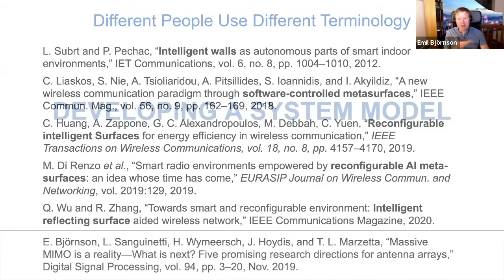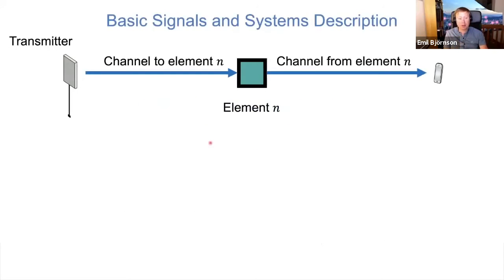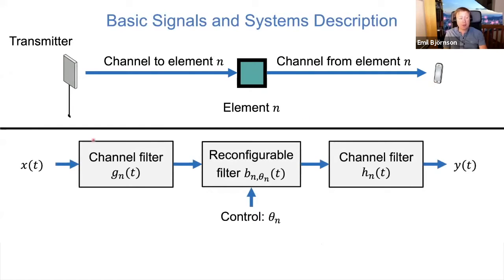Okay, since this is a signal processing topic, let's go in a bit more and talk about the signal processing aspects and develop a signals and systems description. You have a transmitter that sends a signal to this element. You have a receiver over here, and let's look at just the channel to one of the elements. So you have a channel here, and you have a channel here. The way of describing this with signals and systems would be that you're sending a continuous time signal. The channel is a filter with an impulse response.